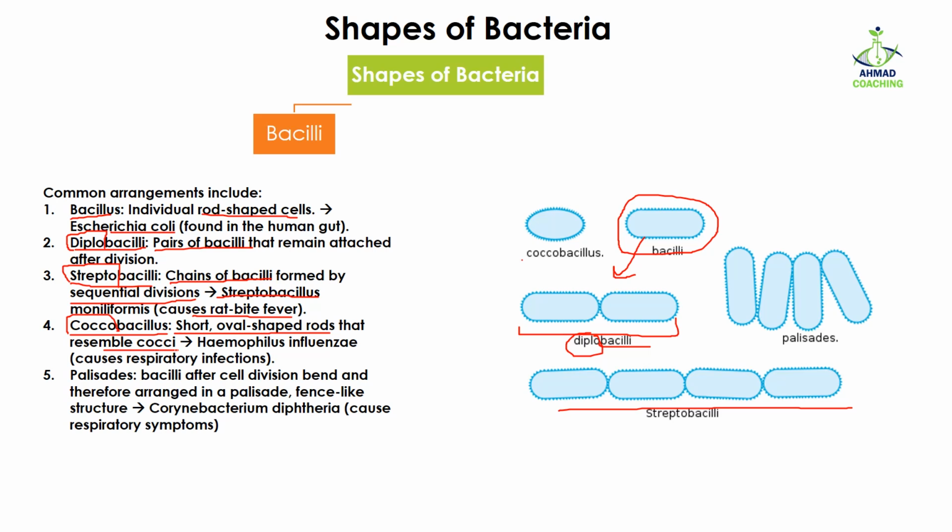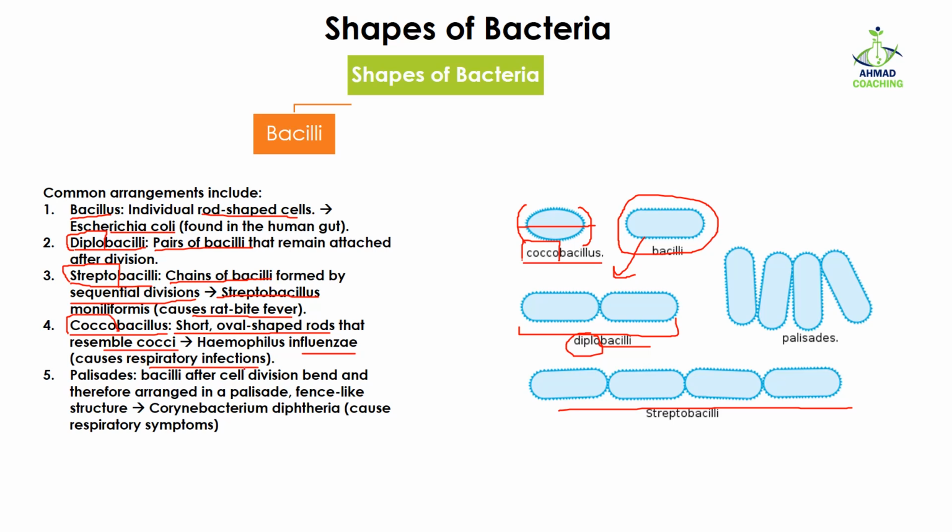That's why they are classified as bacilli. So here you can see this is a Coccobacillus. It is like a rod shape, as well as it looks like an oval shape. So that's why it is known as oval bacilli or Coccobacillus. The most common example is Haemophilus influenzae, which causes respiratory infection in humans.